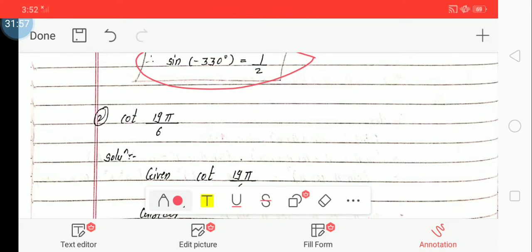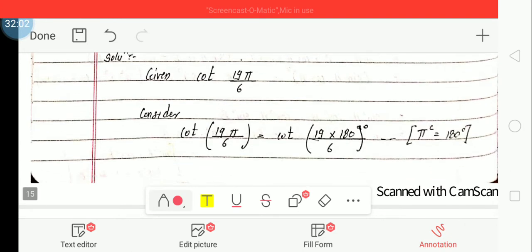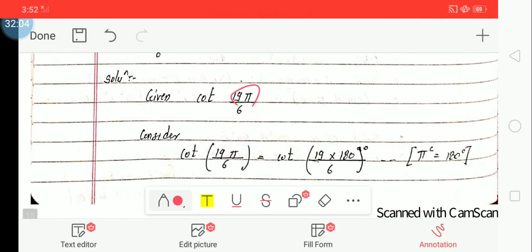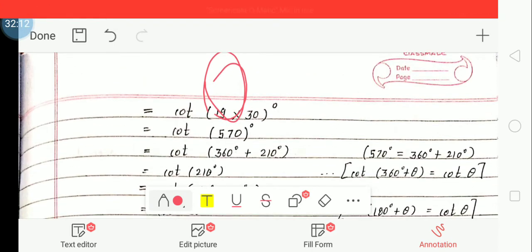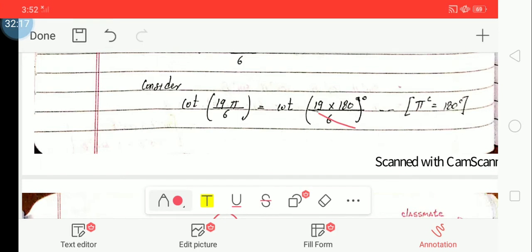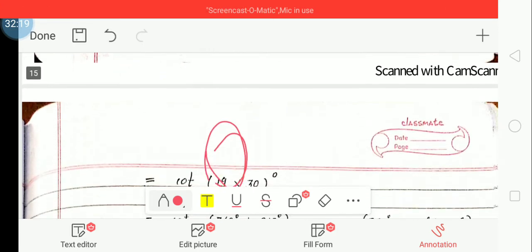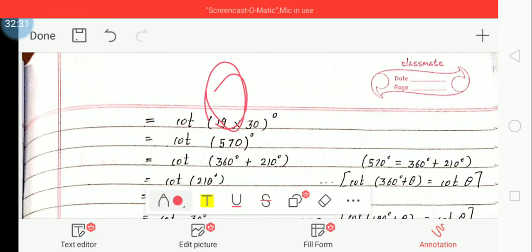And another is cot of 19 pi divided by 6. Here pi means 180, so 19 multiplied by 180 divided by 6. Here 180 divided by 6 means 30. Now 19 multiplied by 30 is 570.